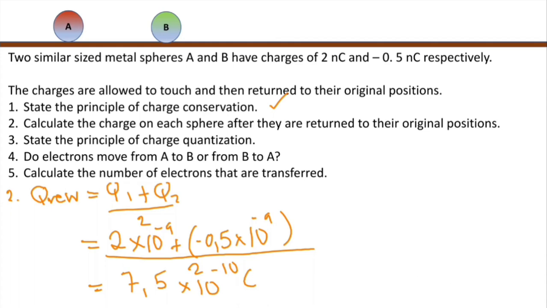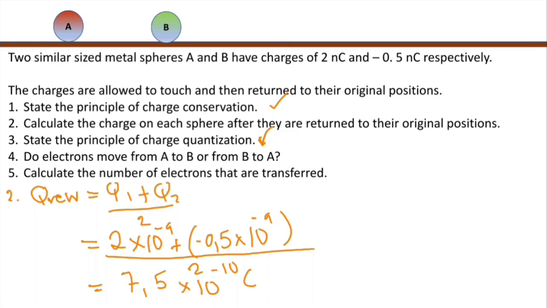And then the principle of charge quantization, which we spoke about in the previous video. Do you remember what it says? Yes. All charges are made up of integral multiples of the elementary charge. That's the principle of charge quantization.